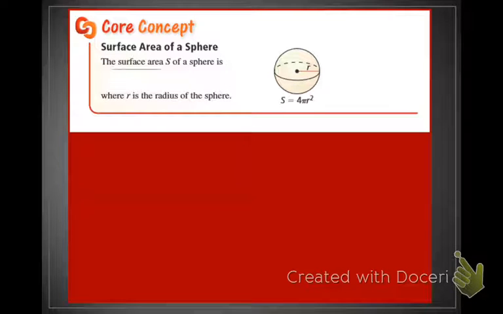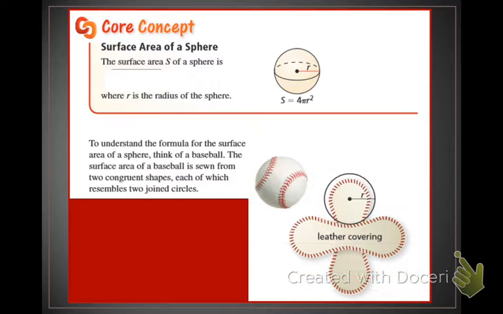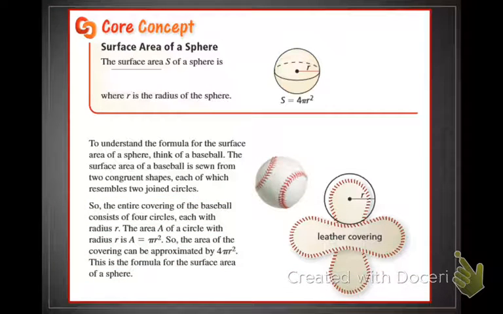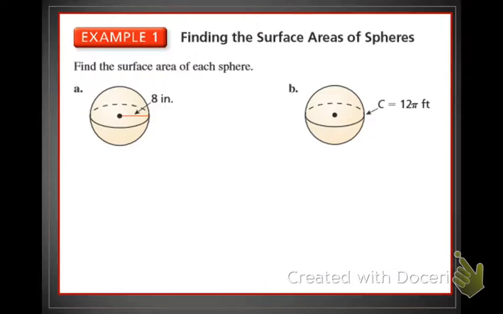If you laid out a baseball, have you ever seen the stitching laid out like this? Whenever you take any circle whatsoever, it creates 4 circles, and they overlap. That's where the 4 comes from. There are 4 areas of the circle, so 4 times pi r squared. That's where the formula comes from.